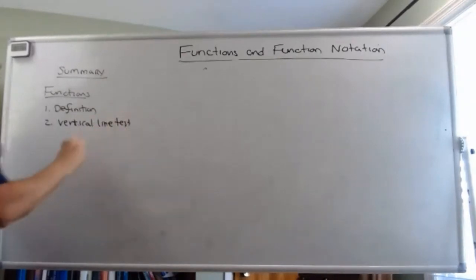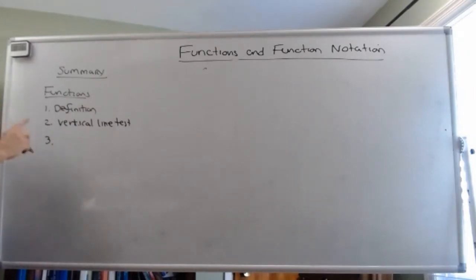And one thing I left out here we're going to do as well. The other thing I want to mention here is how to define a function algebraically. As I was going, in the back of my mind I said, oh, I left that out. We can define it through a definition. We can define it from a graph, but we can also do it algebraically. So here's an algebraic way to determine if an equation in two variables represents a function.